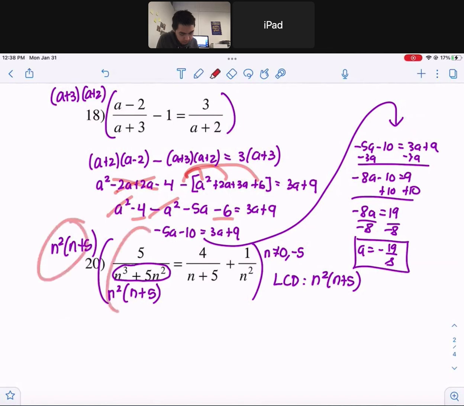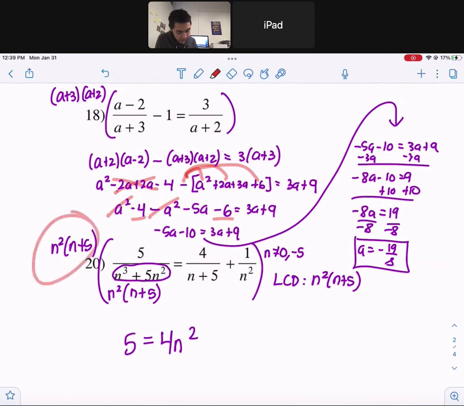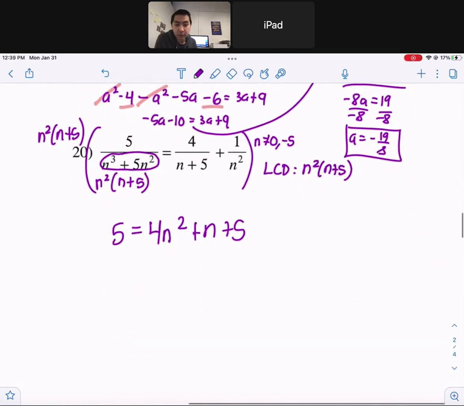So this times this, you guys, they cancel. So all that's left there is just a 5. This times this, you guys, eliminate the n plus 5. So that just leaves a 4n to the second. And this times this, you guys, eliminate the n to the second, and you just get n plus 5. And now you guys solve.